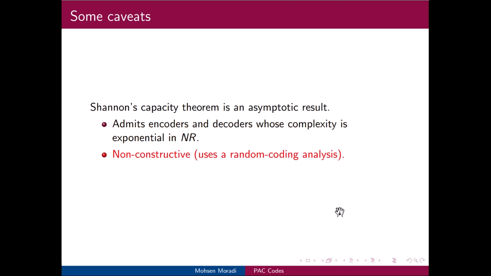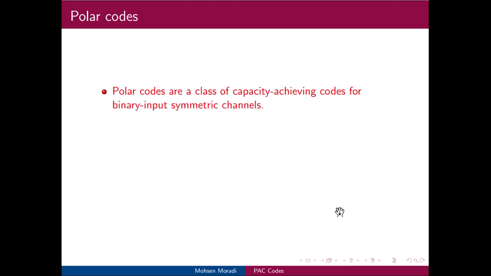The way that this theorem is proved is using random coding analysis. So we know that this decoding complexity and also encoding complexity, which are exponential in the code block length, we cannot use in practice. So we need a code with a good code construction, with practical encoding and decoding complexities and good frame error rate.